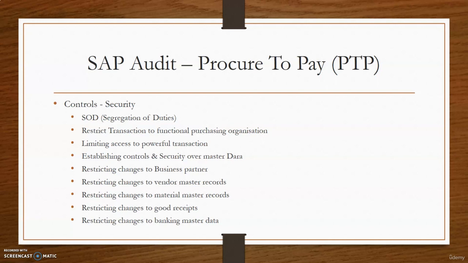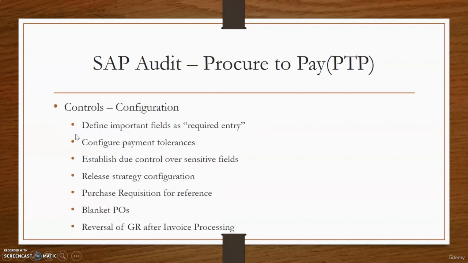The security permissions are F_BNKA_BUK, which restricts the modification of house bank and bank account by company code. Next is F_BNKA_MAN, which restricts the general ability to maintain bank master data. So this is what we have corresponding to the security.